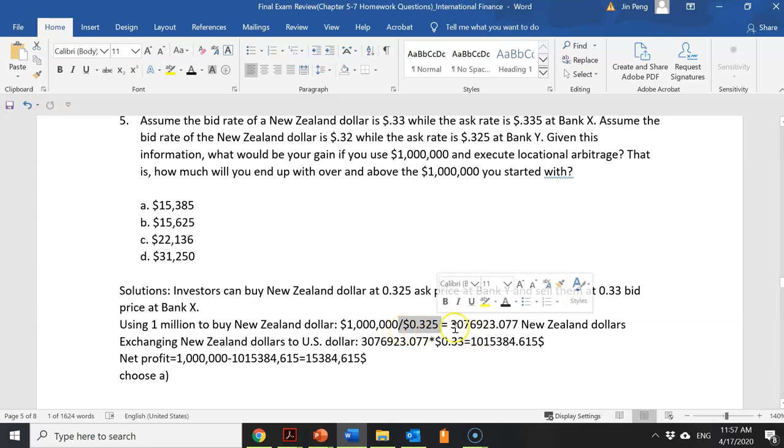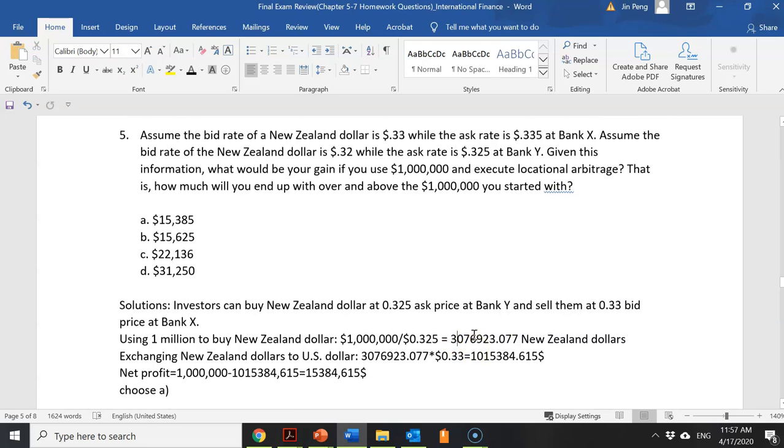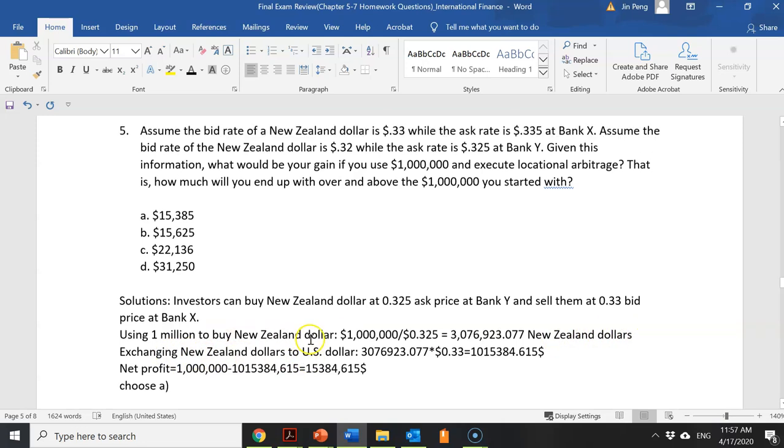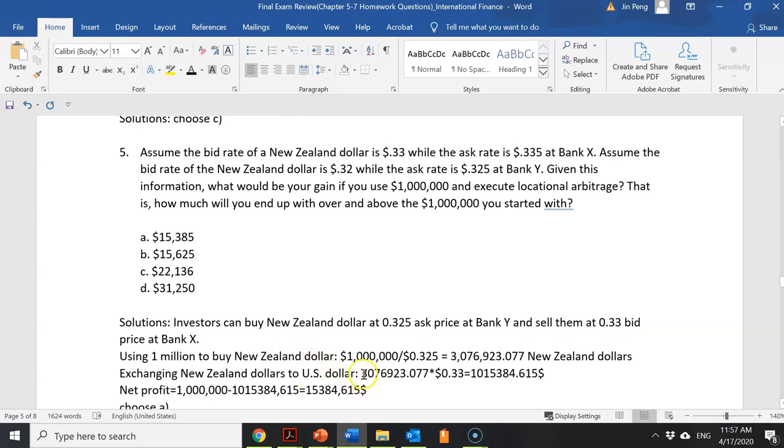So we know we can purchase 3,076,923.077 New Zealand dollars.